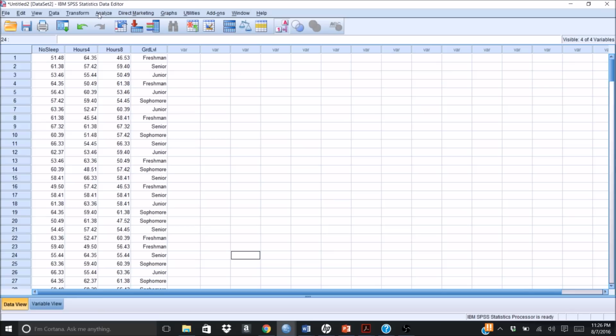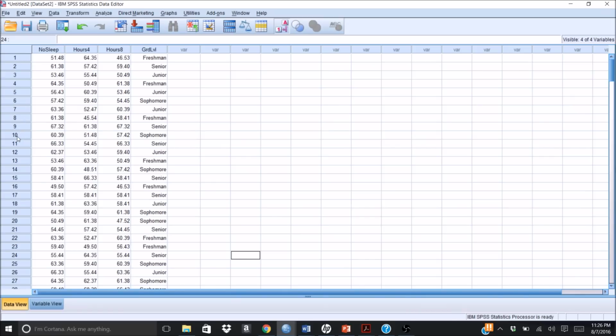Let's first do what we call a repeated measures, or within subjects, ANOVA, and that's when each individual is in each of the conditions.